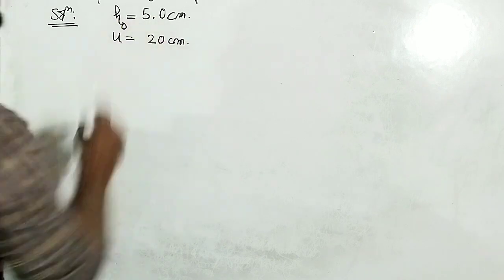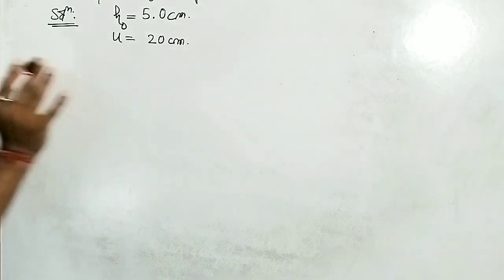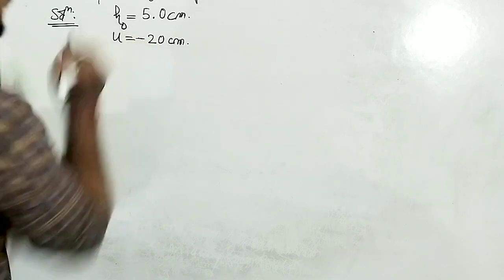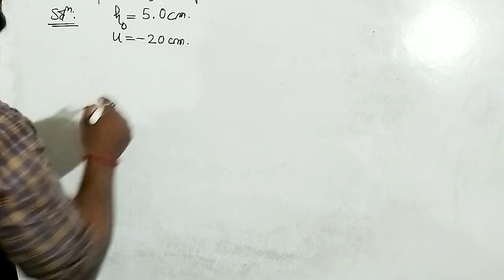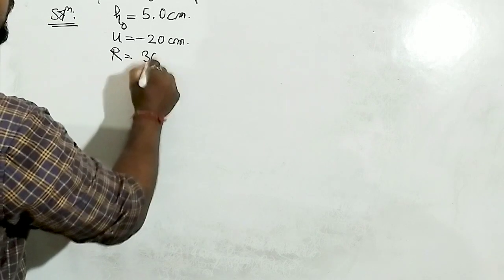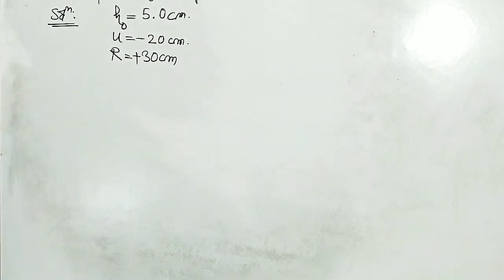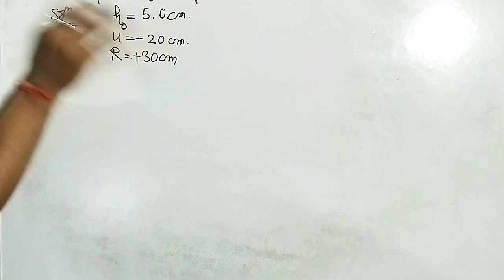Now the thing is, we always place the object in the left side of any kind of mirror, spherical, concave or convex. That's why this is going to be a negative sign, right? Again, what is given? Radius of curvature, R, which is nothing but 30 cm. It is always positive because we always measure the radius of curvature or focal length in the right side of the convex mirror.